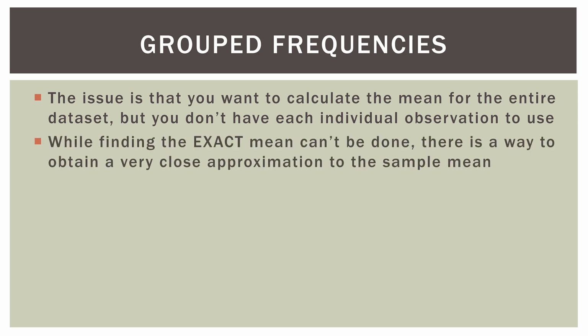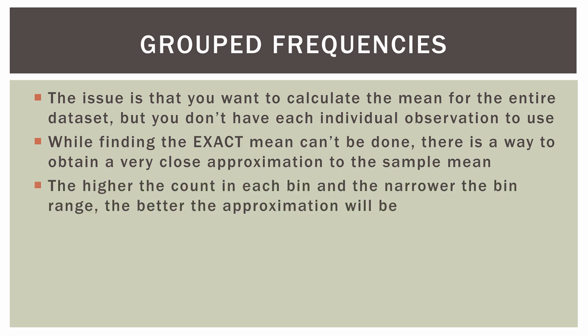So while finding the exact mean using this method can't be done, there is a way to obtain a very close approximation to the sample mean. Using this technique, the higher the count or the frequency in each bin or group, and the narrower the bin range, the better the approximation will be.